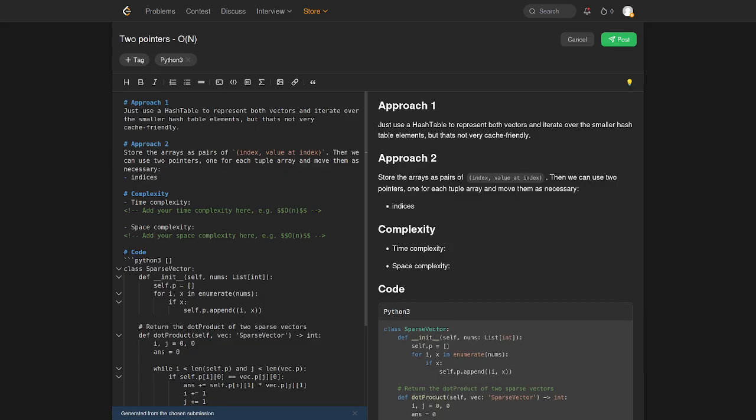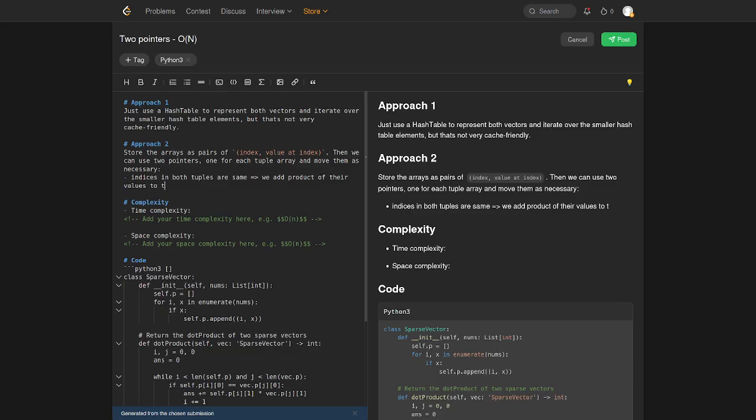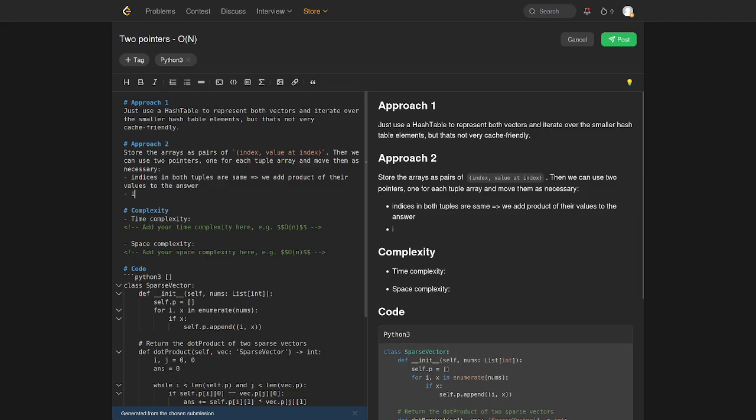If indices in both tuples are the same, we add the product of their values to the answer. If the index in the first tuple is smaller, we move the first pointer.